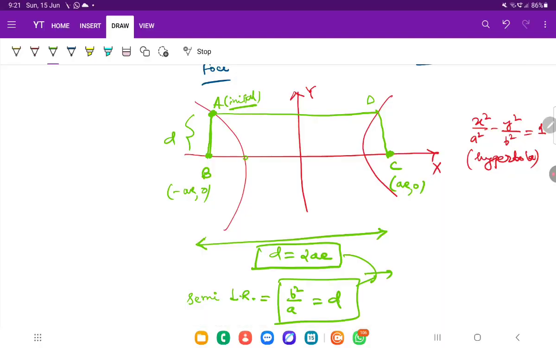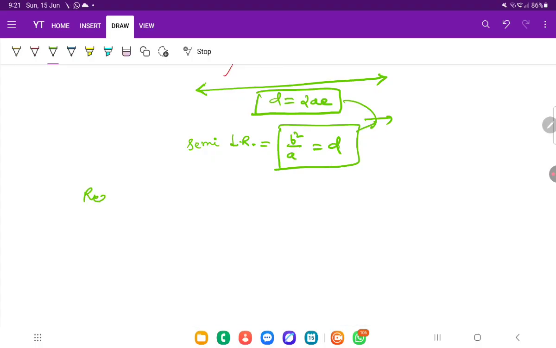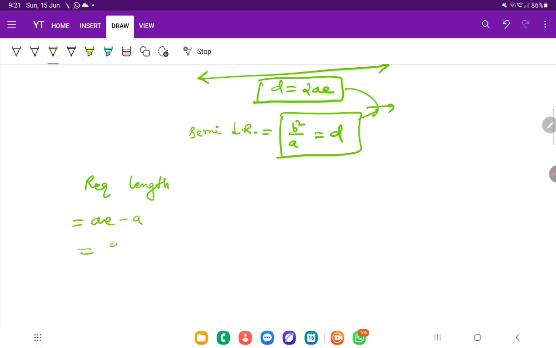What is my target? This one is the final position of the coin, and I'm trying to find this length, and this coordinate must be minus a comma 0, the vertex of the hyperbola. So this length should be ae minus a. So my required length is ae minus a. I can write ae as d by 2 from this equation.